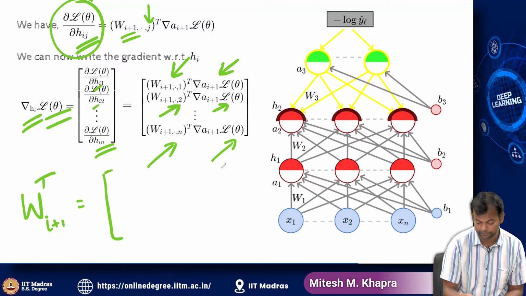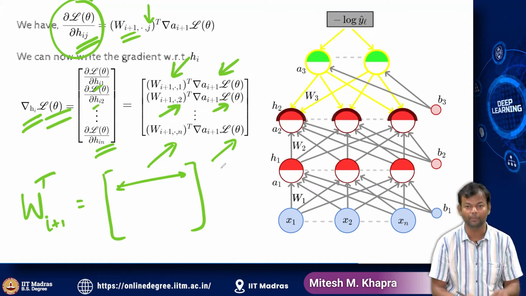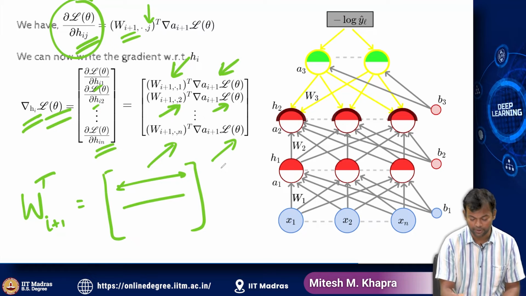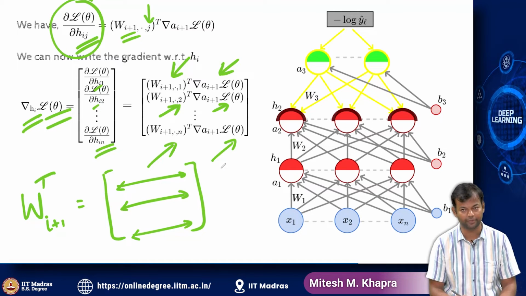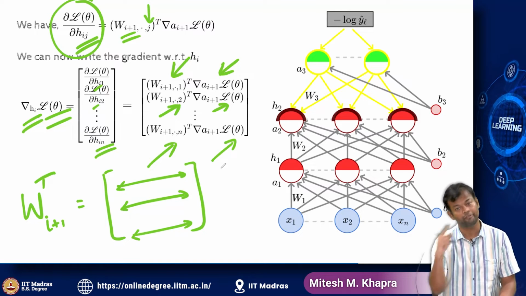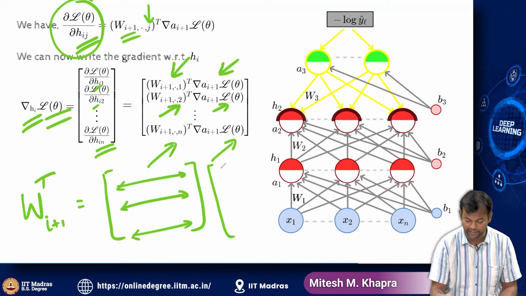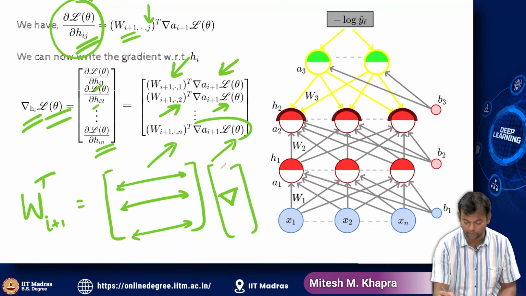So, this would be the first column of Wi plus 1. This would be the second column of Wi plus 1 all the way up to the nth column of Wi plus 1. Remember, I am writing the transpose, hence I am drawing rows but saying columns of Wi plus 1, and all of this is getting multiplied by this gradient vector, right.